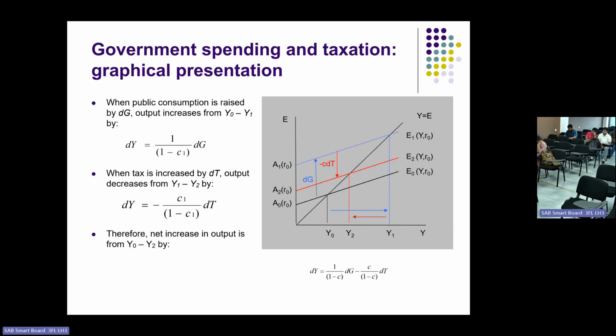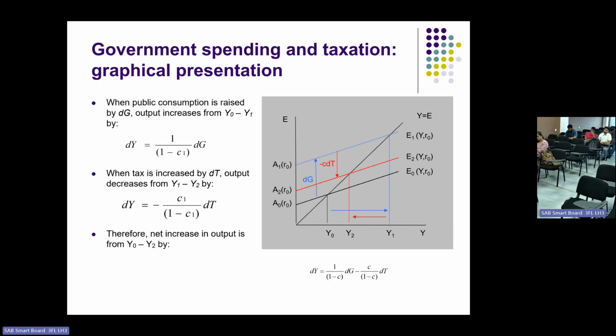Then if we add these two, delta Y over delta G and delta Y over delta T, what happened? 1 over 1 minus C1 plus minus C1 over 1 minus C1. 1 minus C1 is common, right?